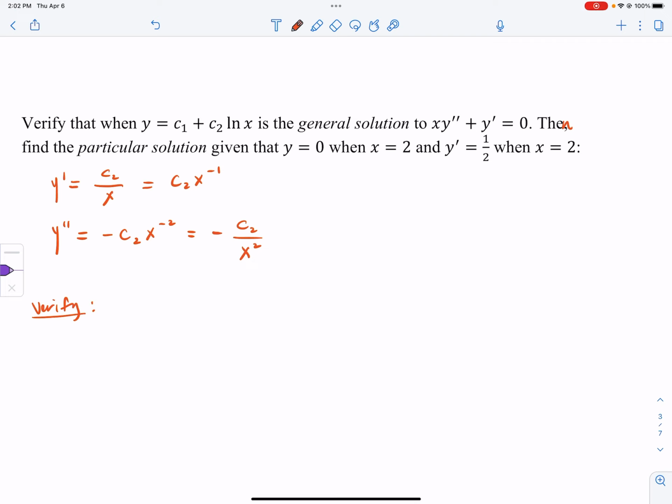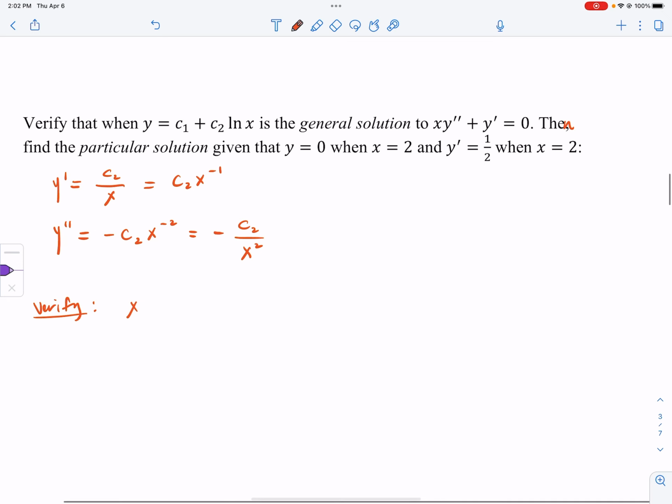So then to verify that is the general solution to that differential equation, plugging in y double prime and y prime, is that equal to 0?